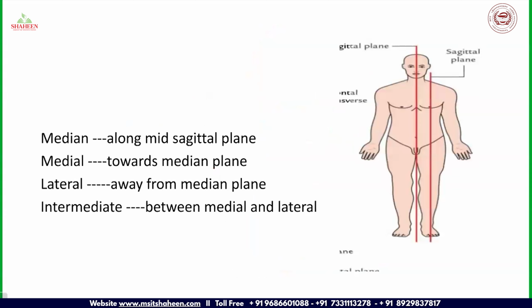Next, very important: median, medial, lateral, and intermediate position. What is meant by median? Median is the point or organ which is seen along the mid-sagittal plane. If you draw a plane through the center of your body that divides your body into equal right and left halves, you call it the mid-sagittal plane.